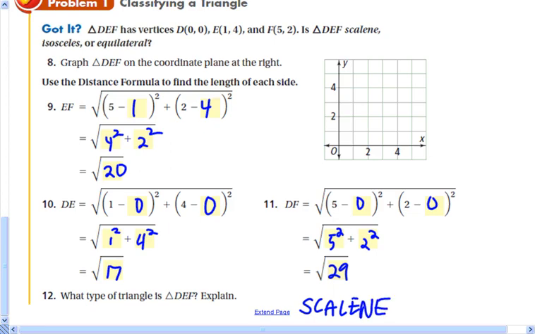Again, we have a scalene triangle because three sides are different lengths.